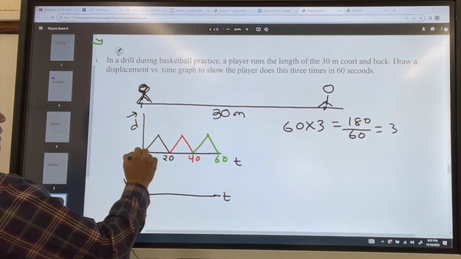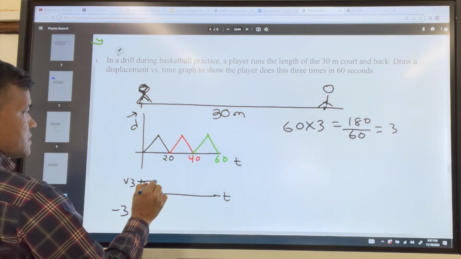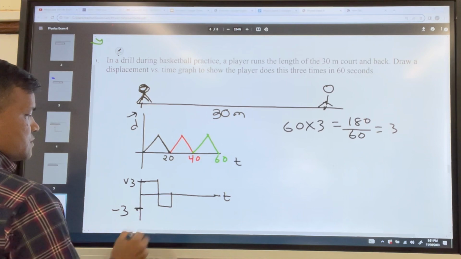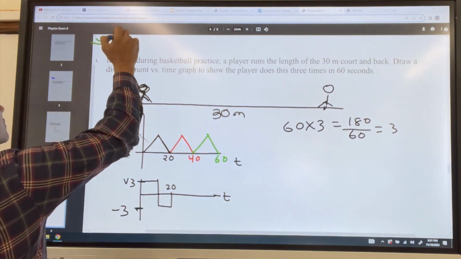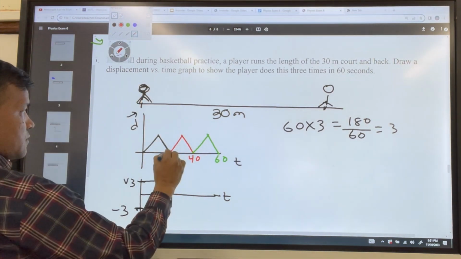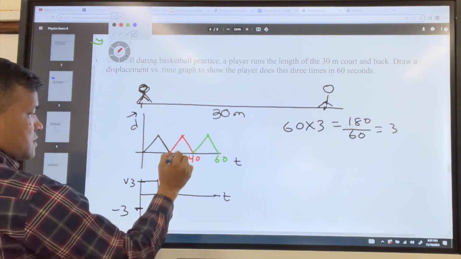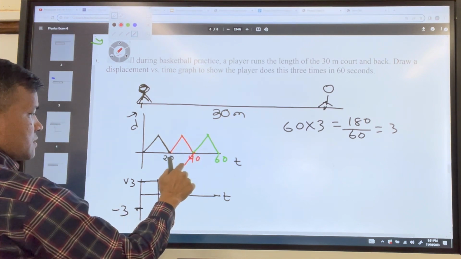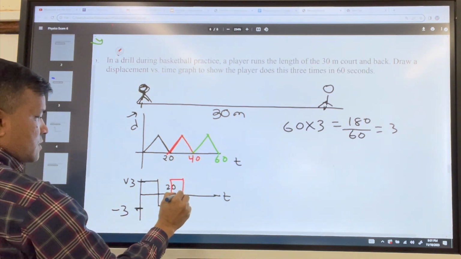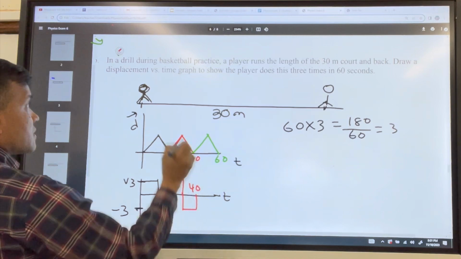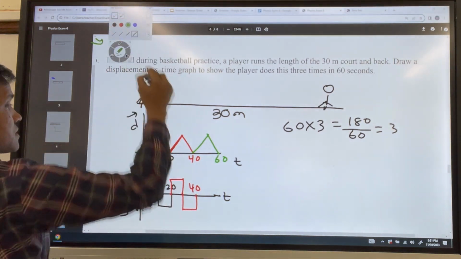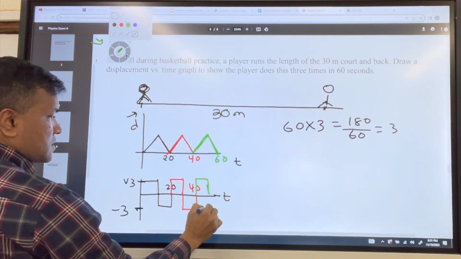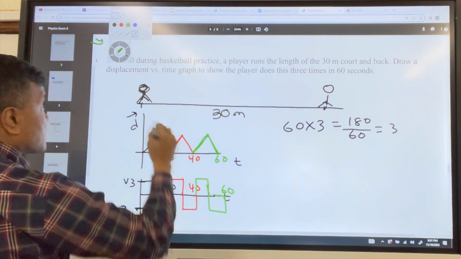So the slope of this one is this, and the slope of this one is this. This is 20. The slope of this one is this, and this is 40. The slope of this one is this, and this one is 60.